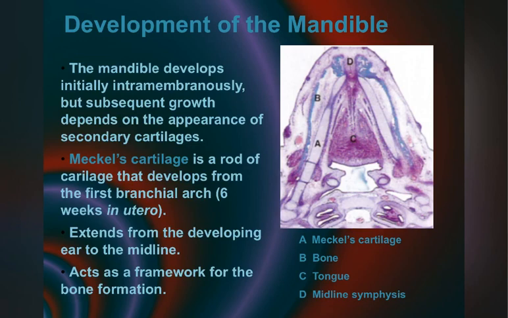See, the mandibular bone develops lateral to Meckel's cartilage. It's letter B here. On the sides, it develops lateral to Meckel's cartilage. Anteriorly, it develops anterior to Meckel's cartilage.